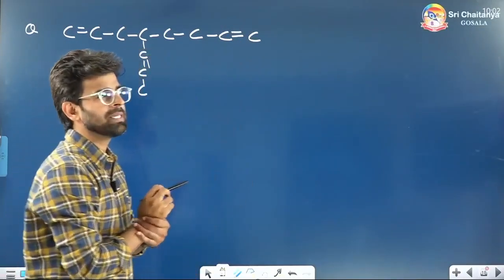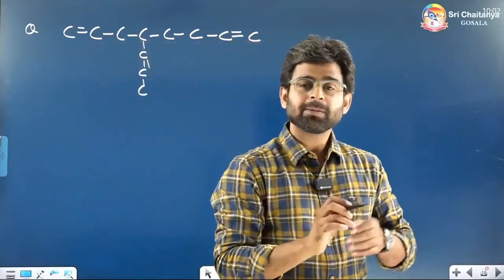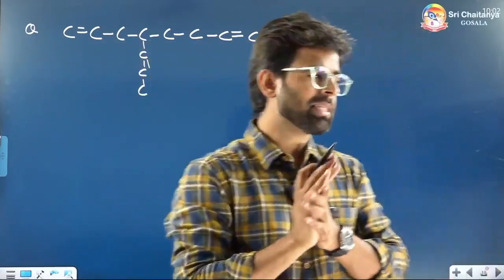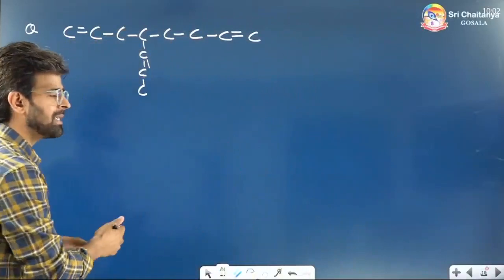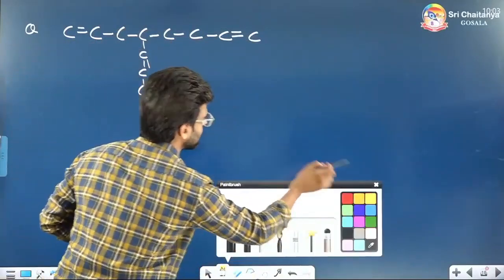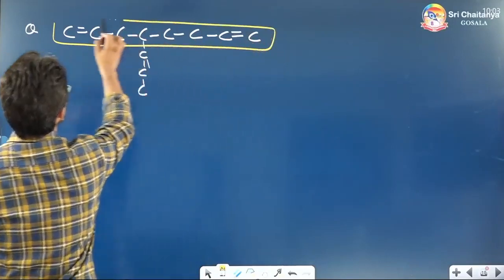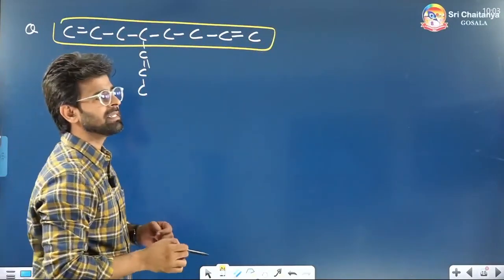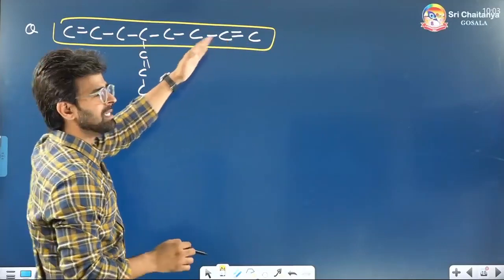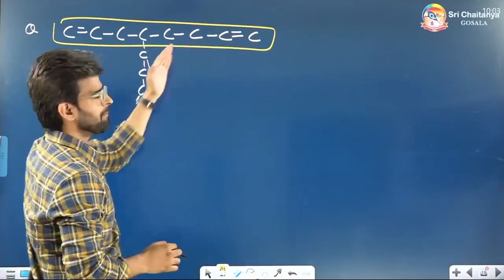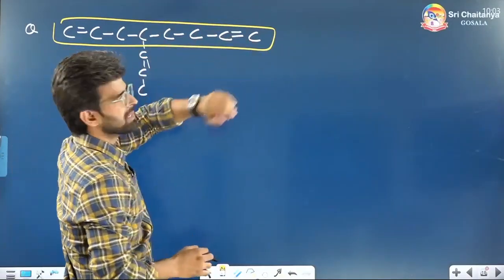Okay, beta. So please give me the name of this compound. First of all, tell me which one will be our main chain. Straight chain. Why straight? You can say maximum carbon. This also has the same carbon, right?